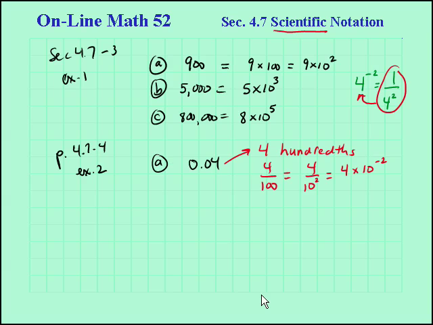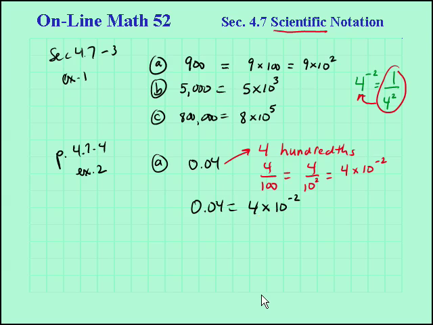So really, let me rewrite this: 0.04 is 4 times 10 to the negative 2. So we recognize that it's a small number because it's a decimal number, which indicates a negative exponent on 10. Also, how many decimal places are there? That's right, there are 2 decimal places. So that's why it's to the negative 2 power.